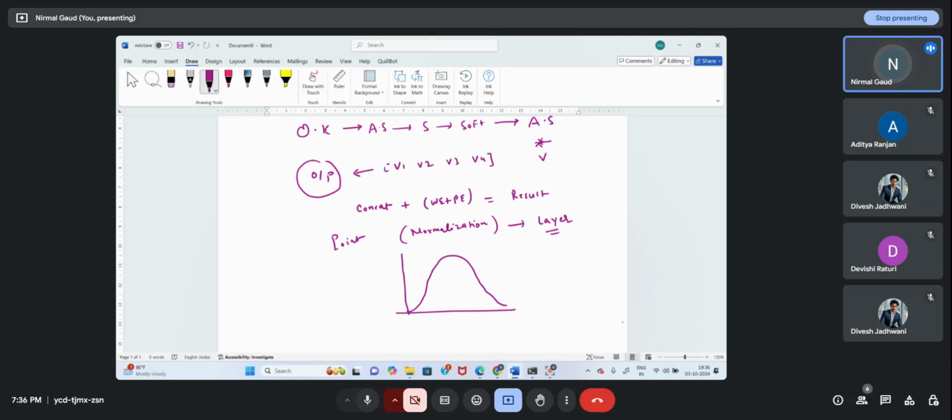We are having the values of the vectors which are continuous in nature. Normalization is present in the architecture, so we are trying to have some kind of such distribution.